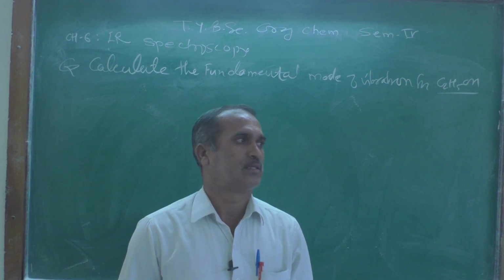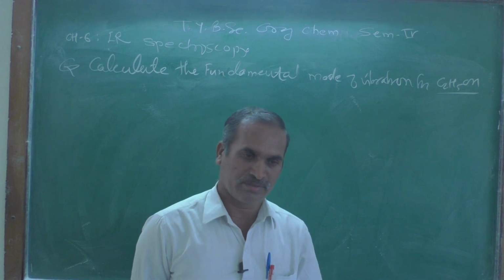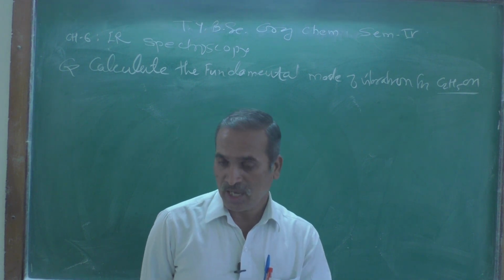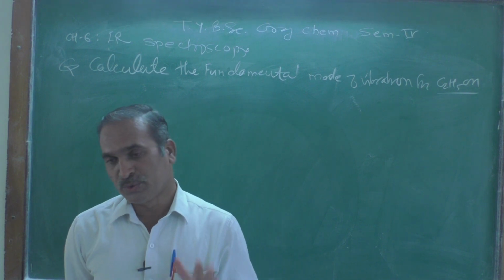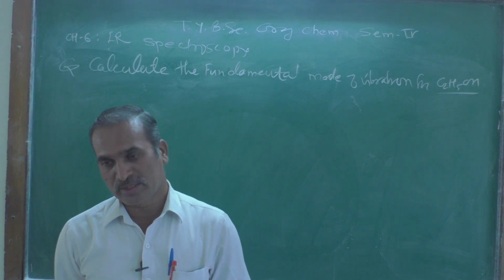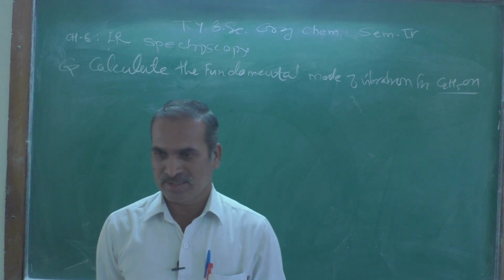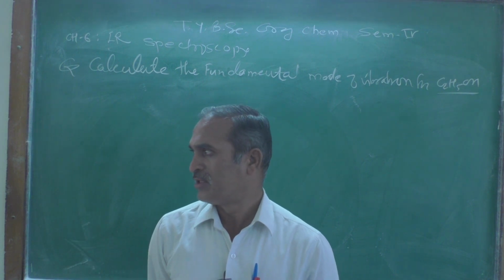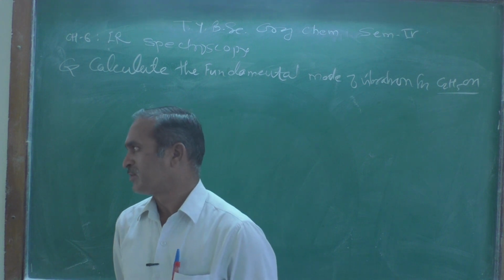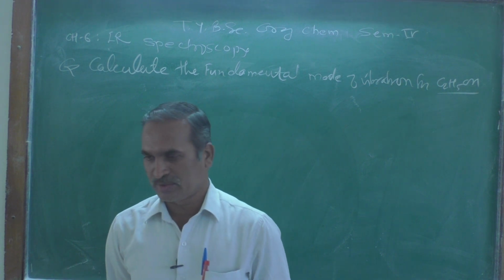And this 1 mark question always appears in the exam. Do you know how to solve it? We already discussed how to calculate the fundamental mode of vibration of different molecules.